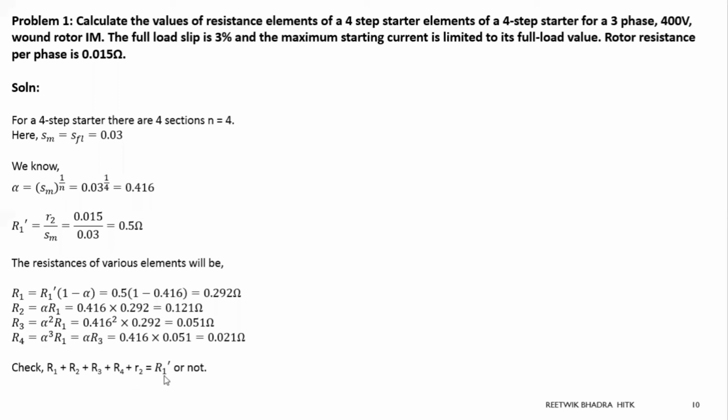You have to perform this check. I have not performed it, but I have written this over here. You have to add all this, 3 plus 0.015. It should be 0.5. Please take care of this. Lastly, you have to perform this check.